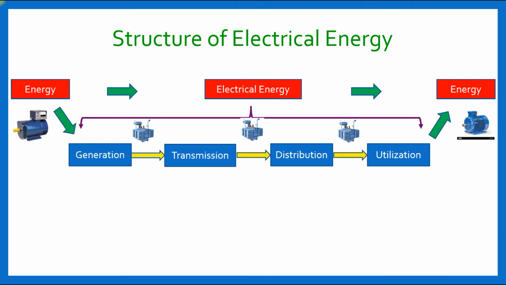While transferring, our current should be very, very small, so that the losses, the I squared R losses, are less. To do that, we are using transformers. Understood?